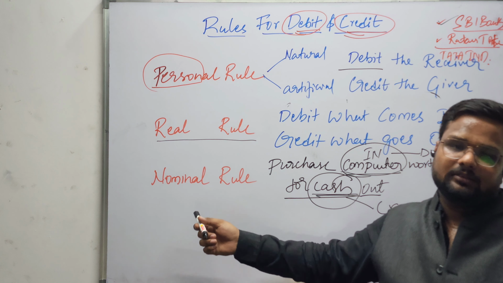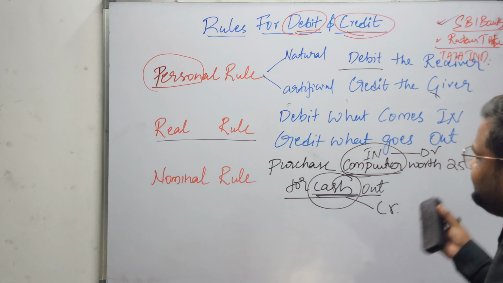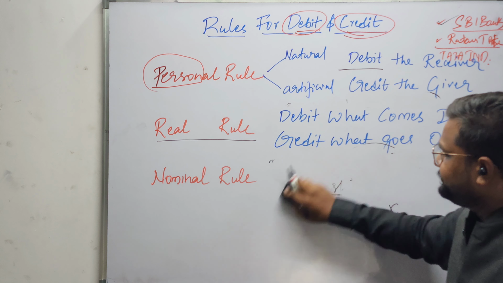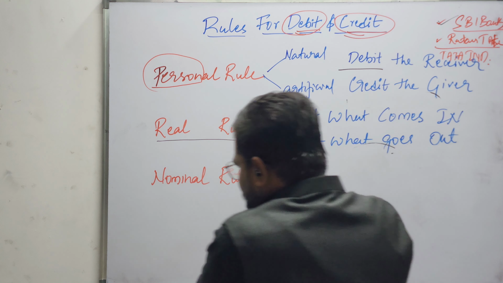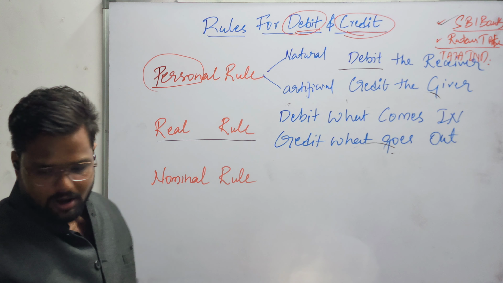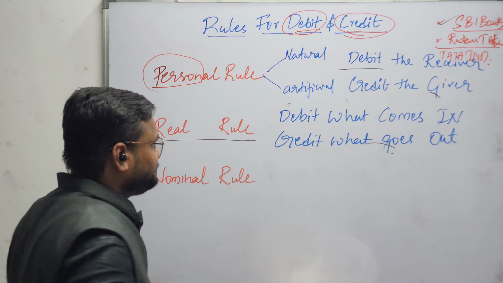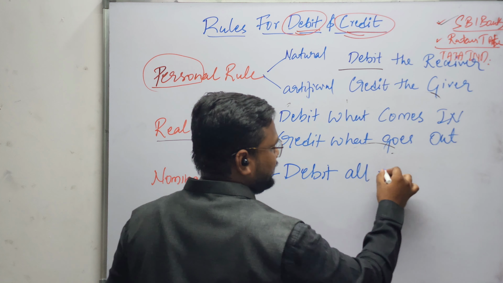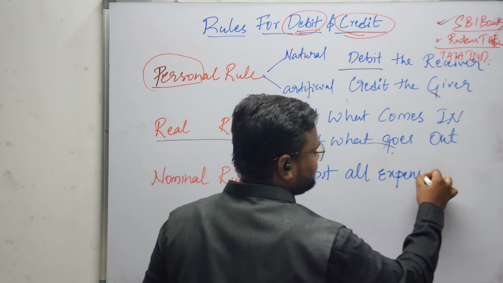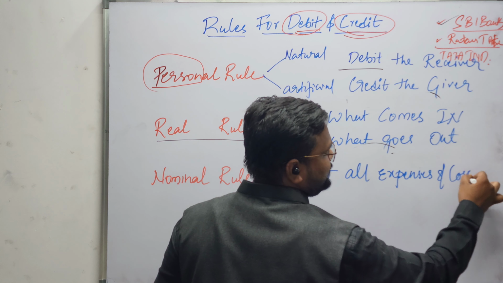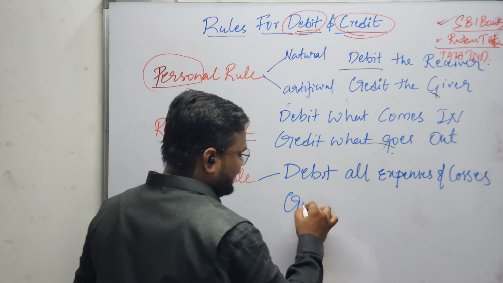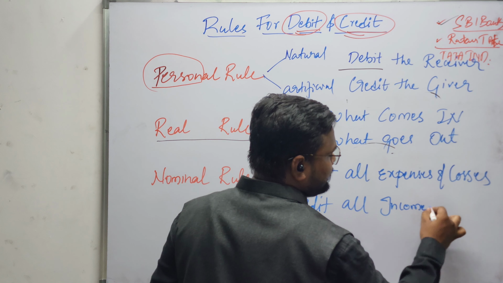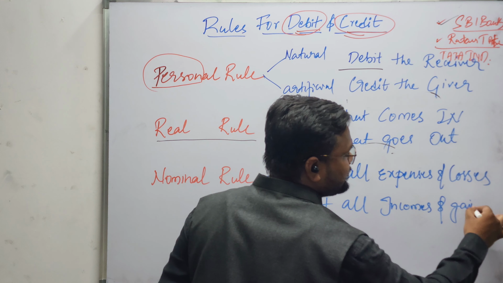Personal, real, nominal. So hope you understood the real rule. Now we will see the nominal one. The nominal account rules are: debit all expenses and losses, credit all incomes and gains.